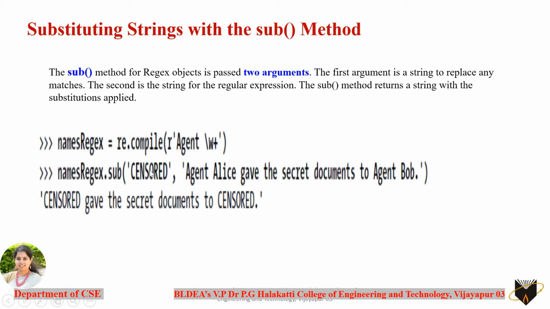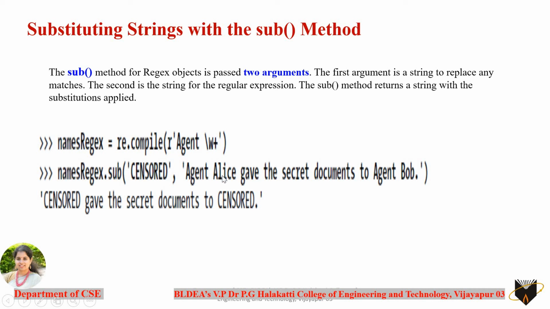The first argument is the replacement value. So here in this example, I want to replace with the value censored, wherever it matches this pattern. For example, agent is as it is, followed by the space and followed by characters with one or more occurrences until it gets to the next unmatched value.